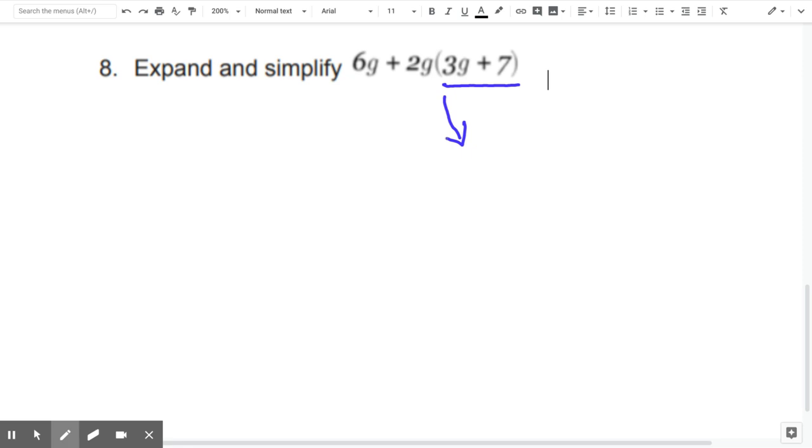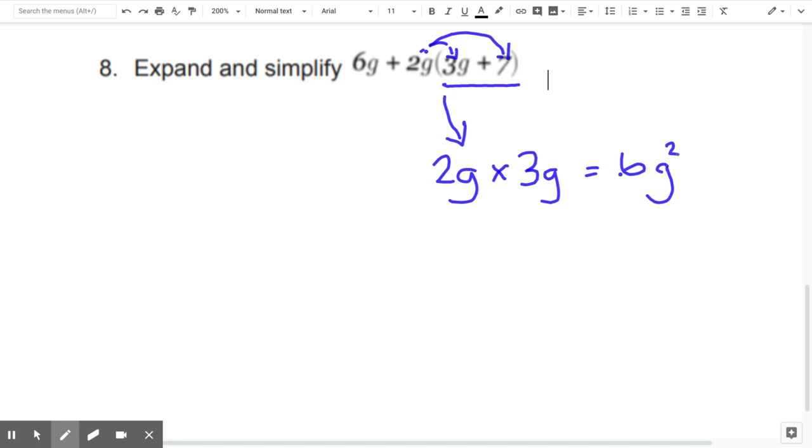And so what we're going to have is 2g, which is outside of the bracket, multiplied by everything which is inside of the bracket in turn. And so 2g multiplied by 3g is going to give us, so 2 times 3 being 6, and then the g times g giving us 6g squared.